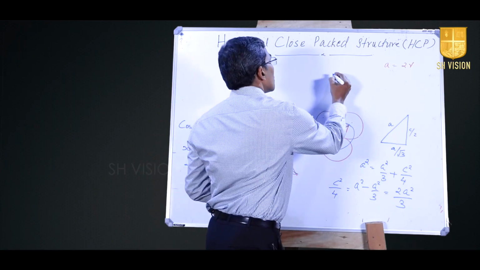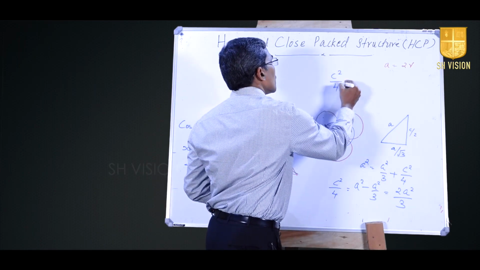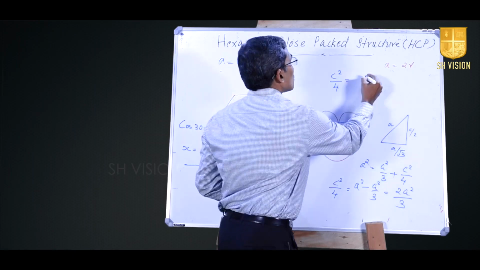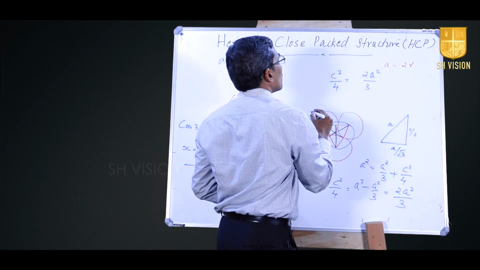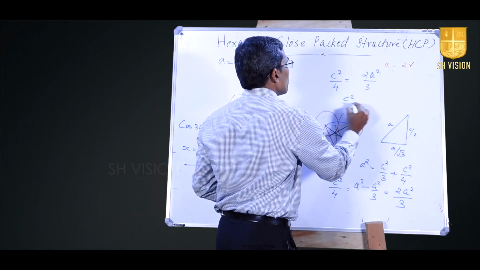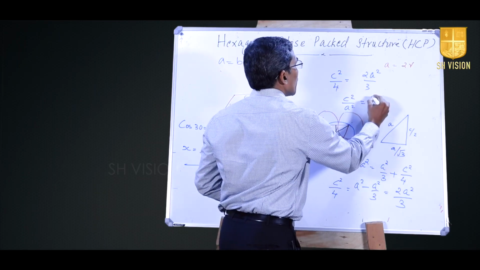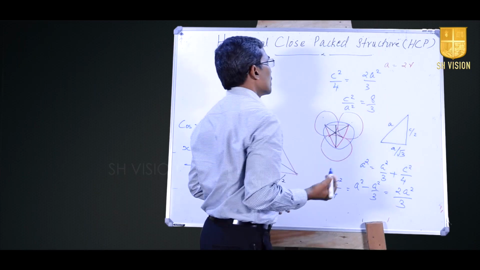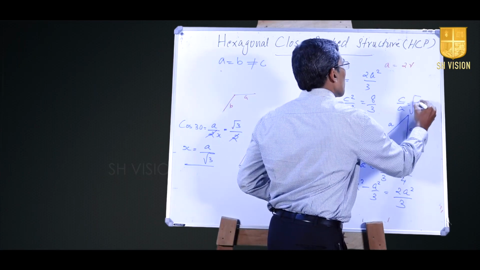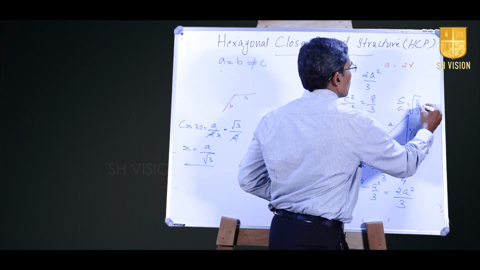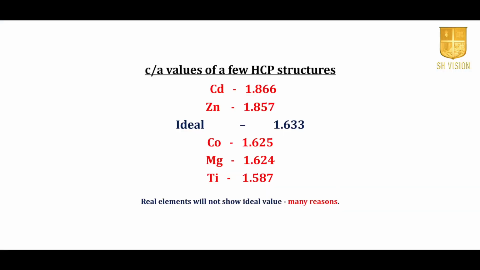Therefore c square by a square is equal to 8 by 3, or c by a is equal to root 8 by 3, which is 1.633. So this c by a ratio should be root 8 by 3, 1.633.